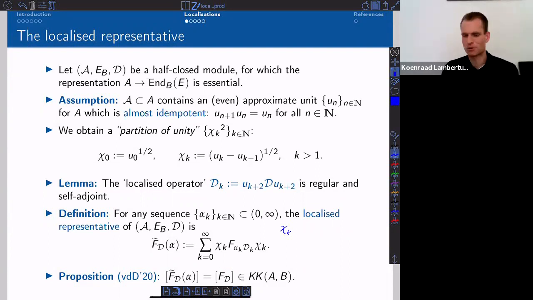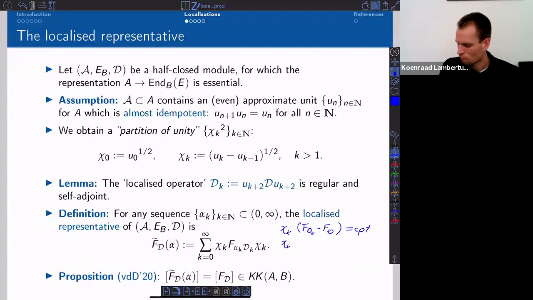So we can check that these two operators are in fact locally compact perturbations of each other. Roughly, if you take the difference between the bounded transform of the localized operator and the bounded transform of D, then at least on the support of Kk, this difference is going to be compact.